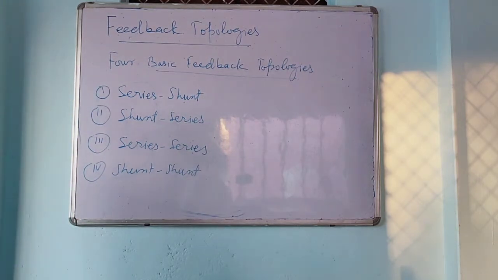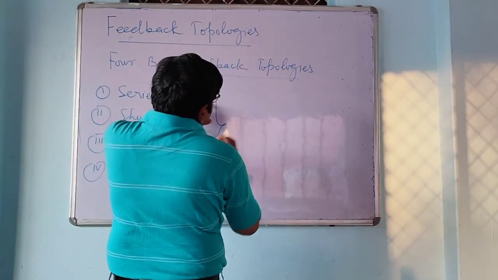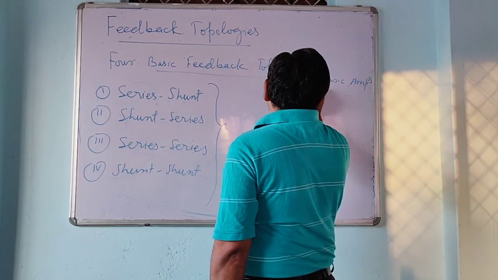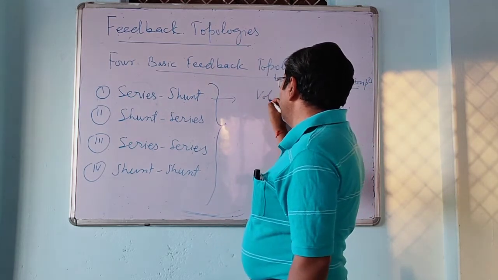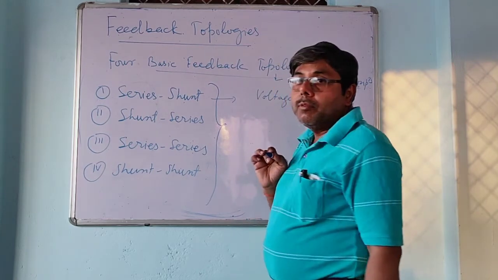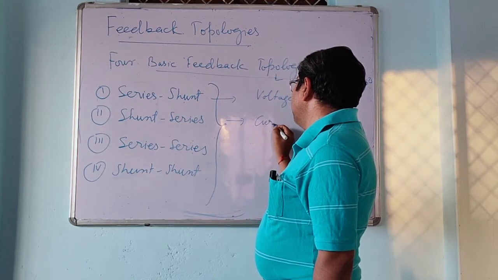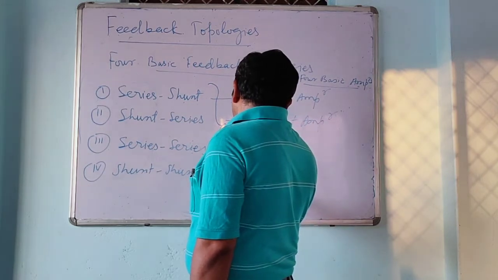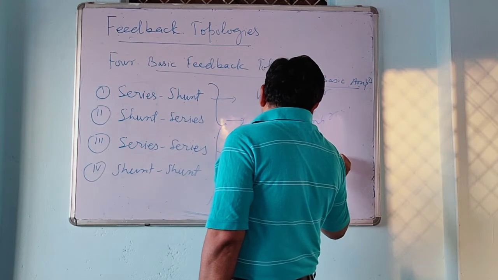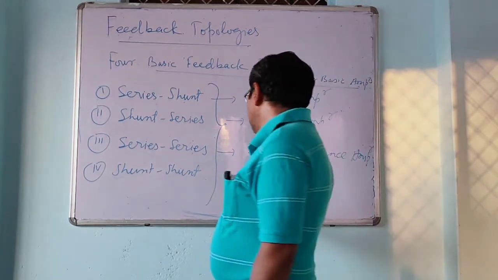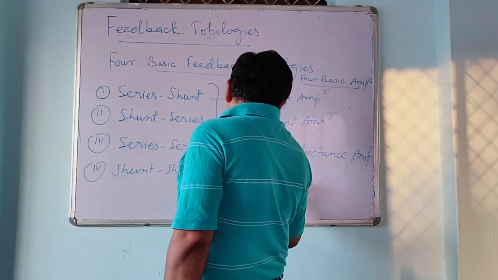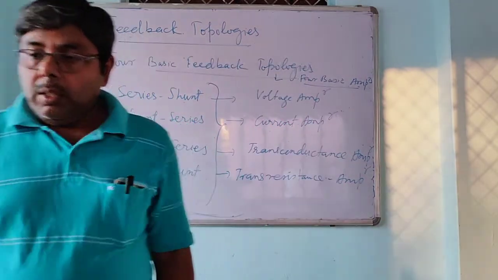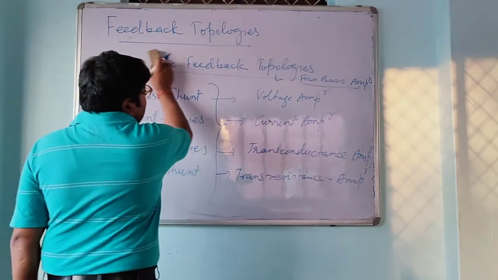These four topologies are based on four basic amplifiers: the voltage amplifier, the current amplifier, the transconductance amplifier, and the transresistance amplifier. Now we will see the basic structures.